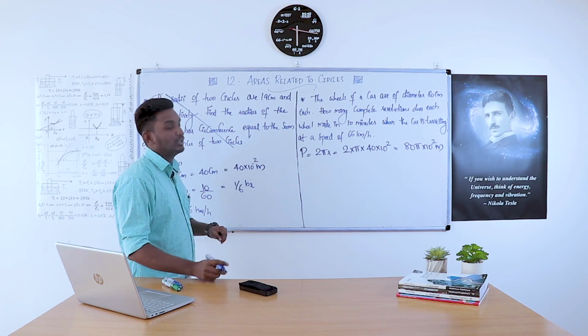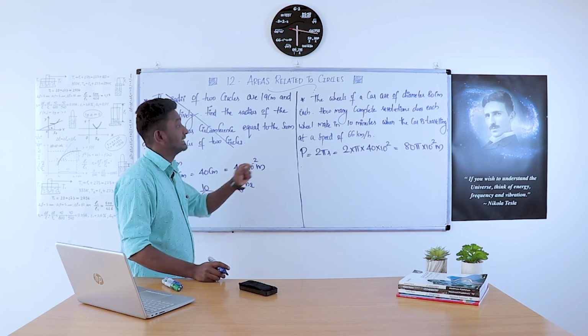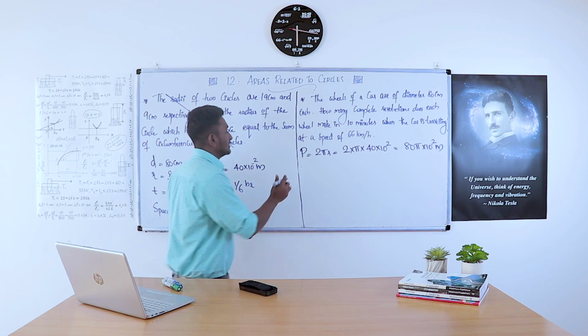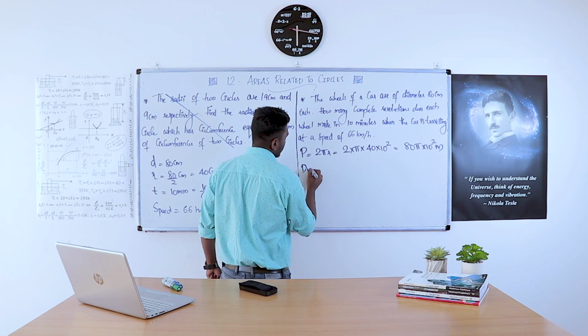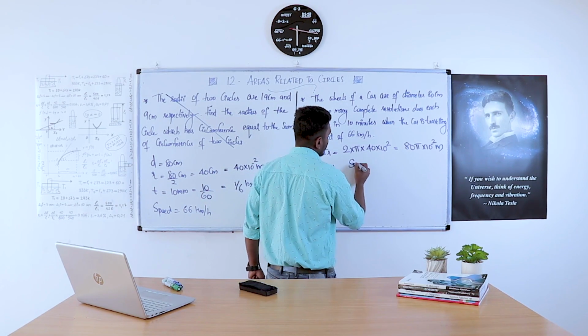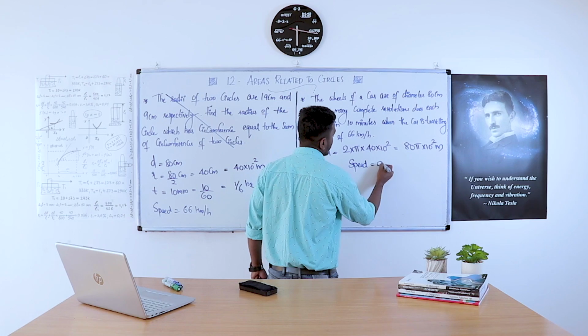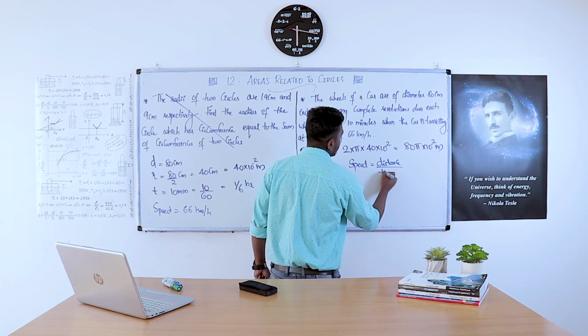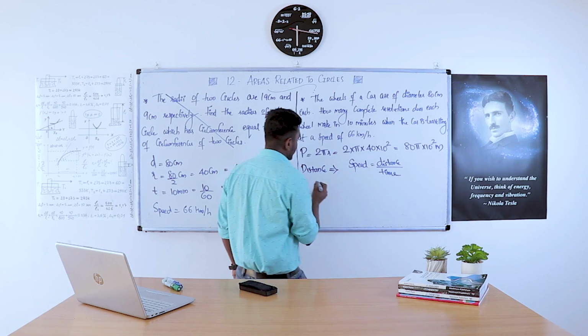Now we need to find how much distance this car travels in 10 minutes at a speed of 66 km per hour. So we are going to find the distance. How can we find the distance? We know the equation speed is equal to distance by time.